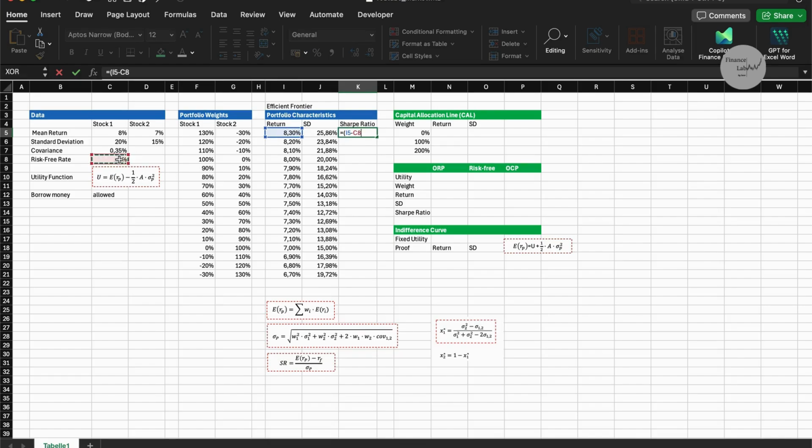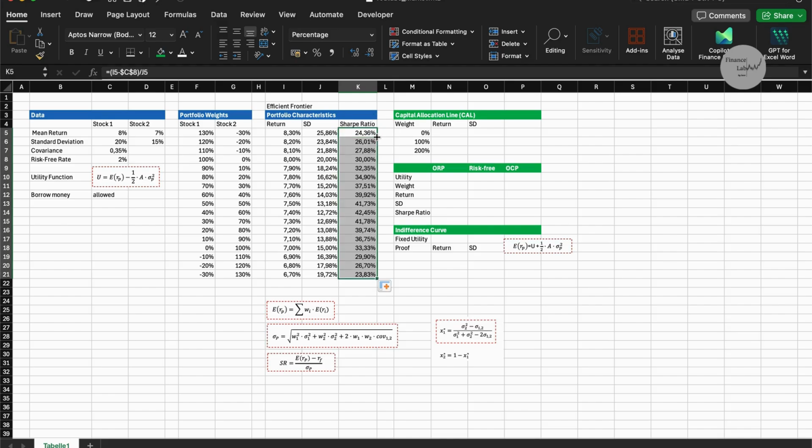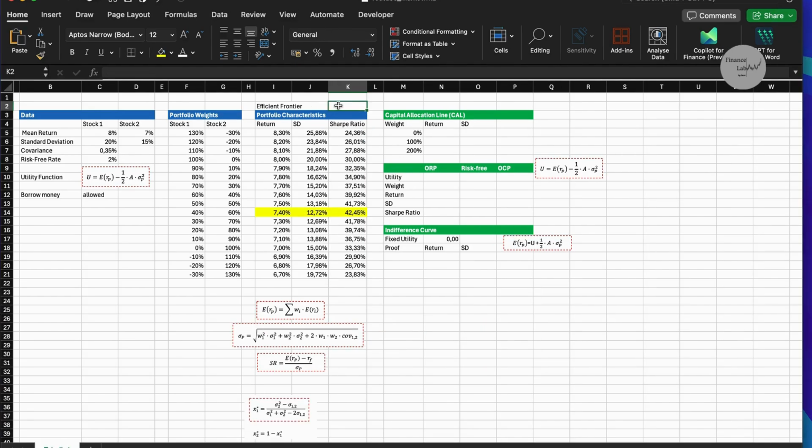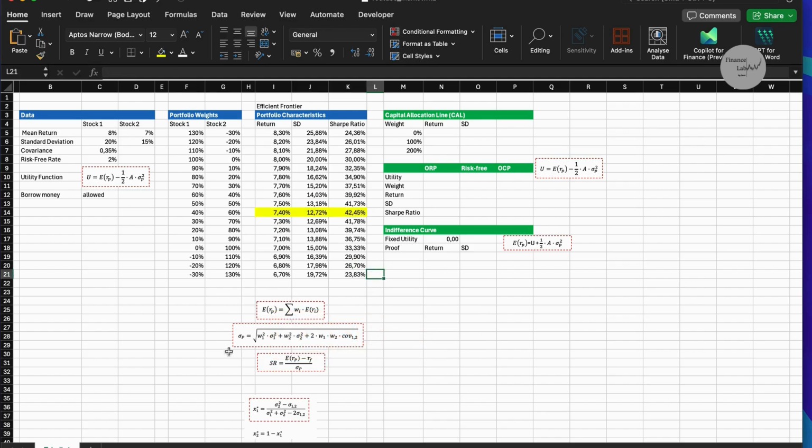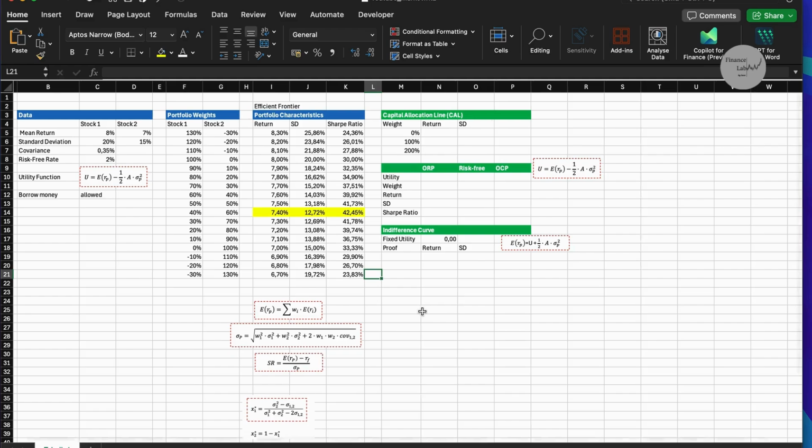The risk-free rate must be locked, and divided by the standard deviation. Okay, now we have computed all the relevant data. We have here our optimal risky portfolio. This portfolio has the highest Sharpe ratio, and we used these formulas right here.